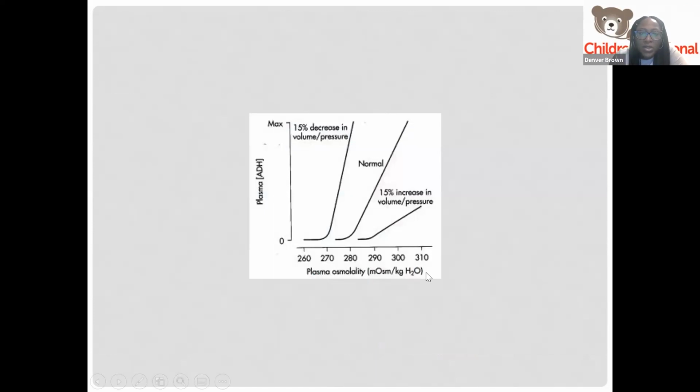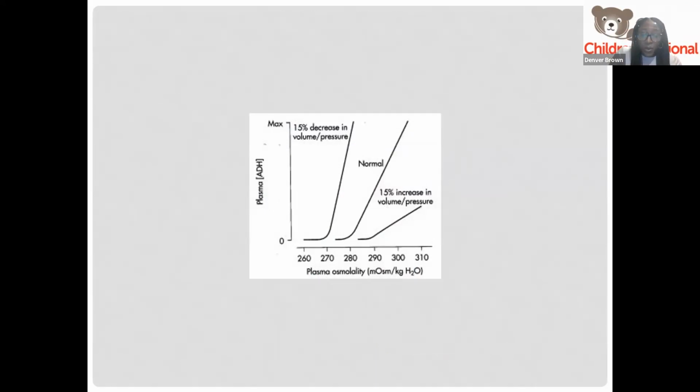This is a nice picture of how we describe what is the most potent driver of ADH release. Here on your x-axis, you have plasma osmolality. And typically when your plasma osmolality is low, you wouldn't want to activate ADH, because ADH would say, let's reabsorb water.